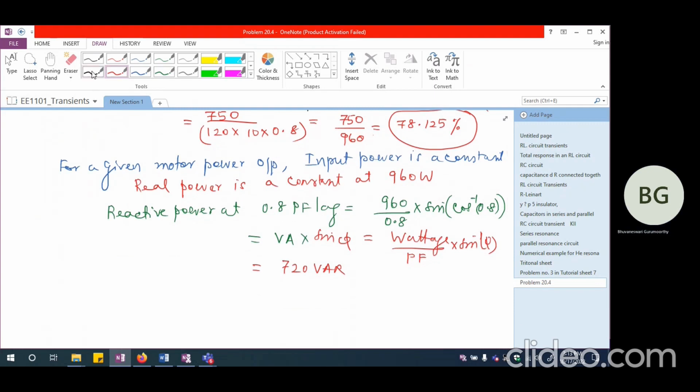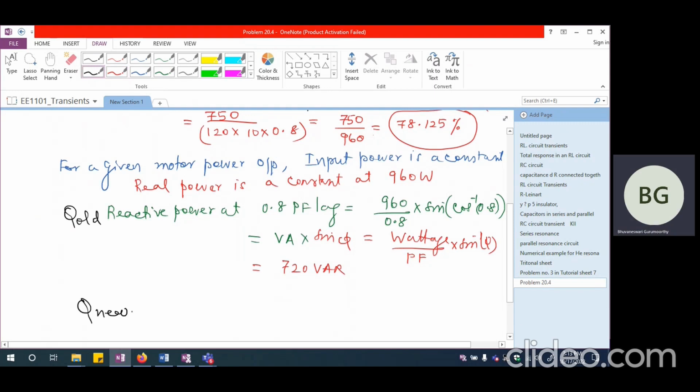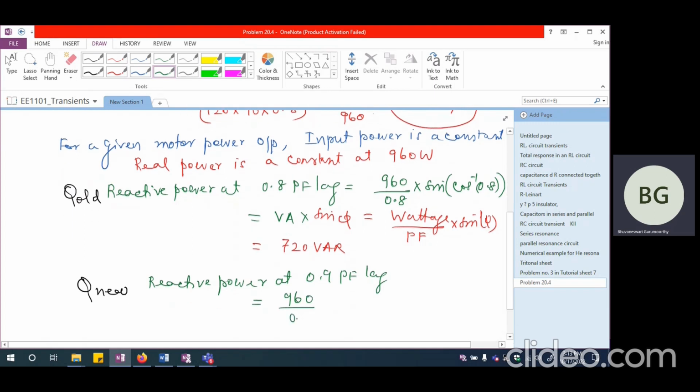Now, so this is Q old. So let me calculate what is Q new. So this is reactive power at 0.9 power factor lag. That can be calculated as 960 divided by 0.9 multiplied by sine of cos inverse of 0.9.